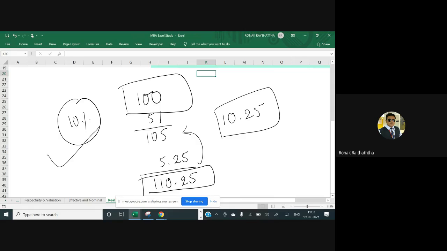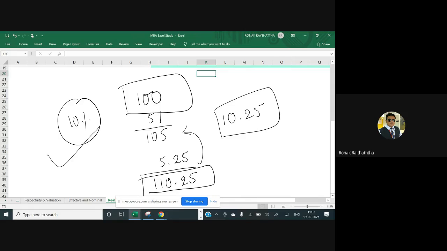So why is there a difference between the nominal rate and effective rate? It is because of the compounding frequency. If yearly compounding is there, then both would be the same. But if the compounding frequency is different, then there is a possibility that they would be different. That is from the perspective of the compounding frequency.